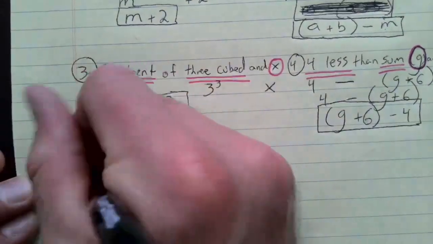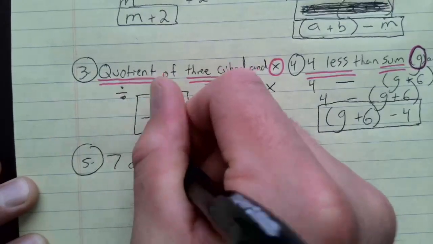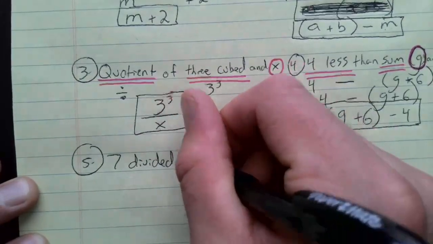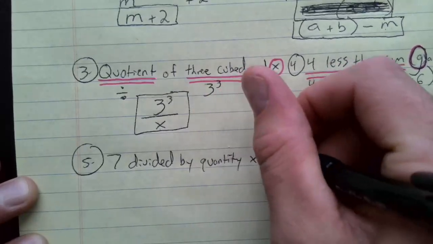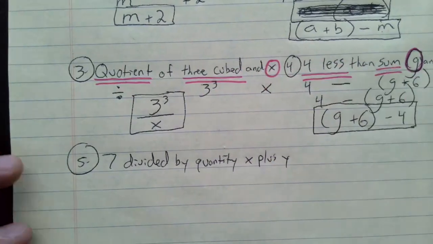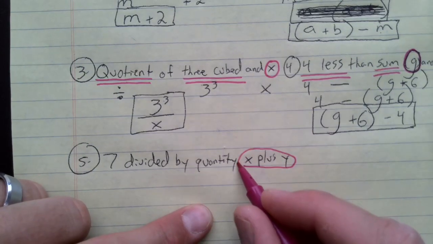Number 5 is 7 divided by the quantity x plus y. So we already see these as our variables.